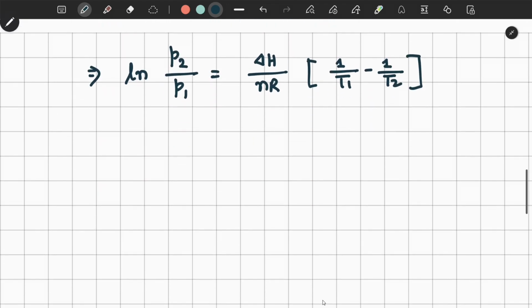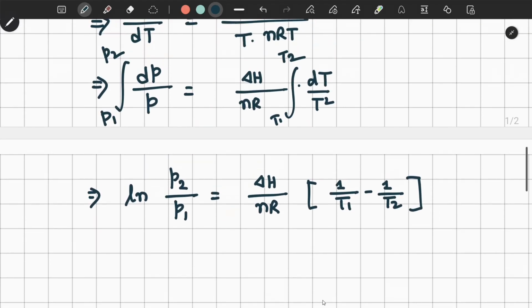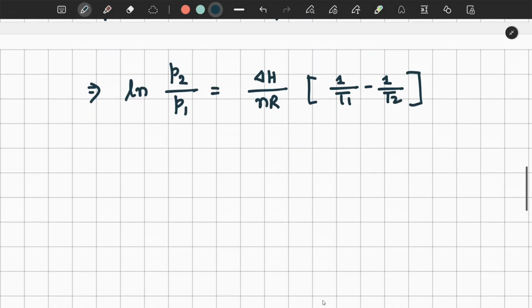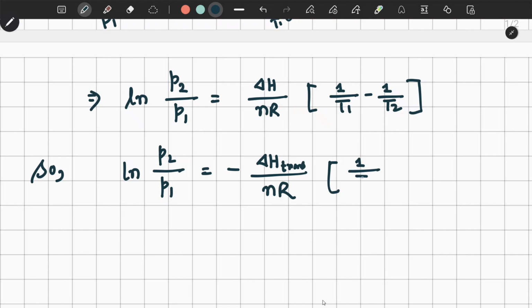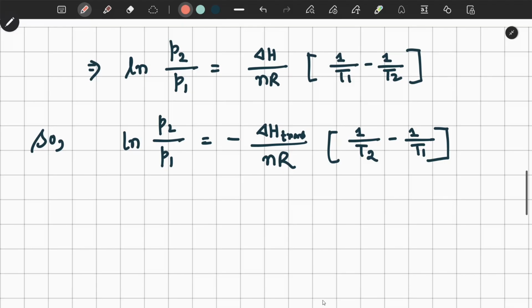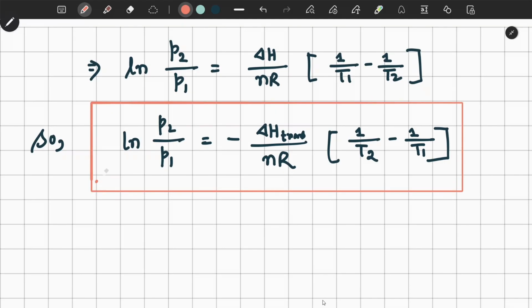So this is our Clausius-Clapeyron equation. In general it is written like this, ln of P2 by P1 with delta H transition.